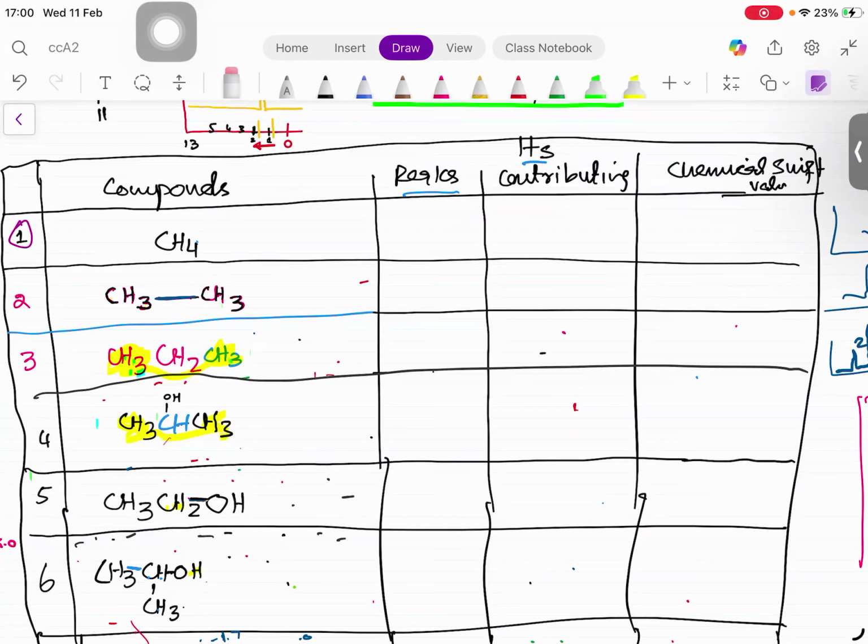You can either do it in the form of a table, or you can simply write a compound and then put in the values there. Okay, let's start.